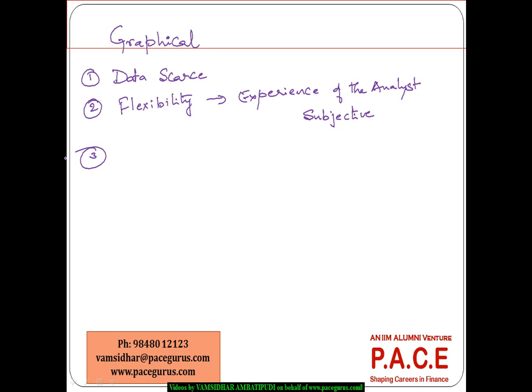But on the other side, when I am going with a parameter-based approach or referring to a standard table, there is a lot of mechanization in the process, where the flexibility does not come to the analyst. So that is one of the greatest advantages, right?